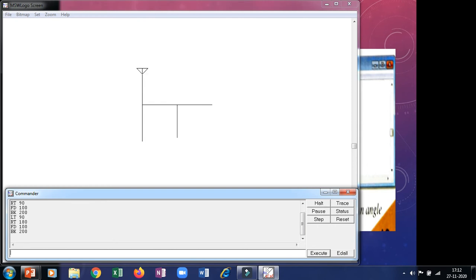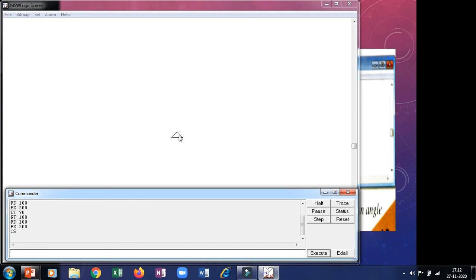Okay, understood? Now if you want to clear the main screen, this area, the command is clear screen, and in short we write CS, enter. See, the turtle has erased everything and came to the center of the screen where it was first sitting.